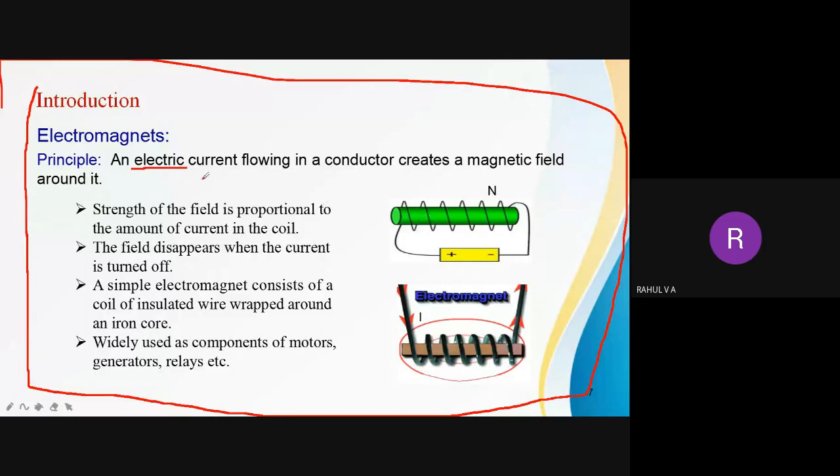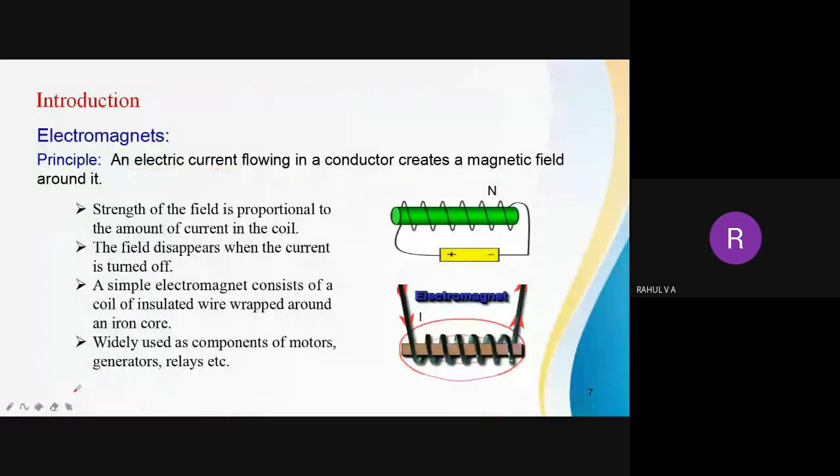An electric current flowing in a conductor creates a magnetic field around it. So if you take one conductor like this, there will be a magnetic field around this conductor if current flows.